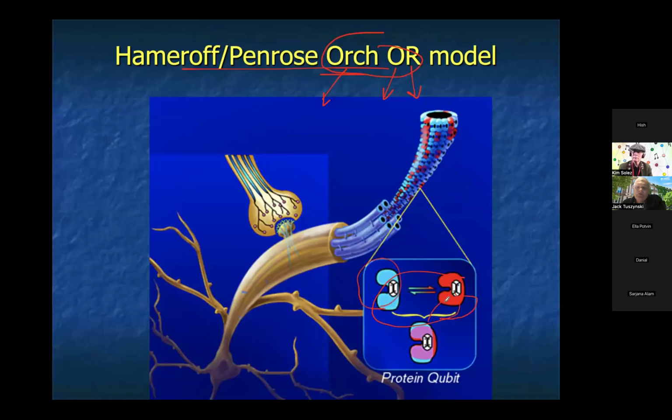So this is a superposition of two states, but they collapse. The wave function of this entire microtubule or even neuron collapses as a result of orchestration or internal interactions. And this is all objective.